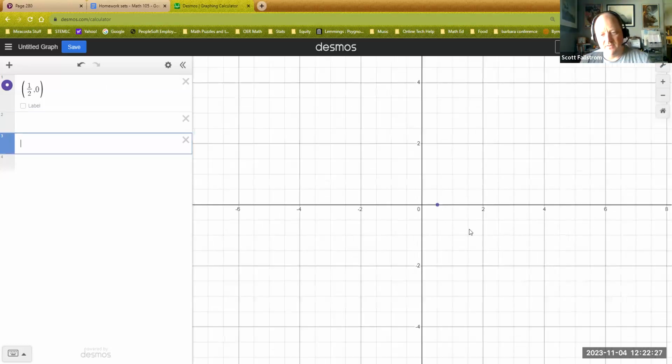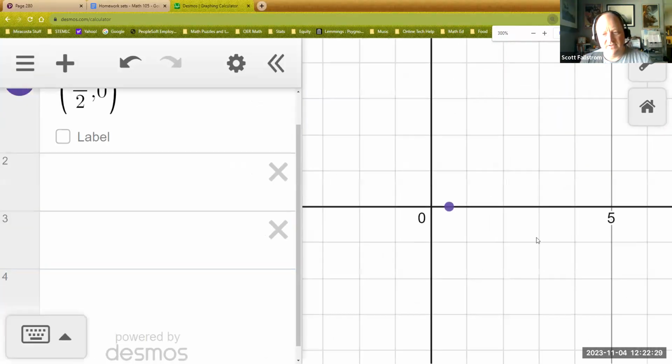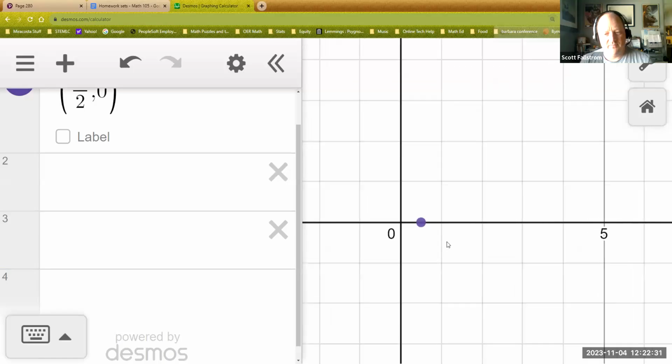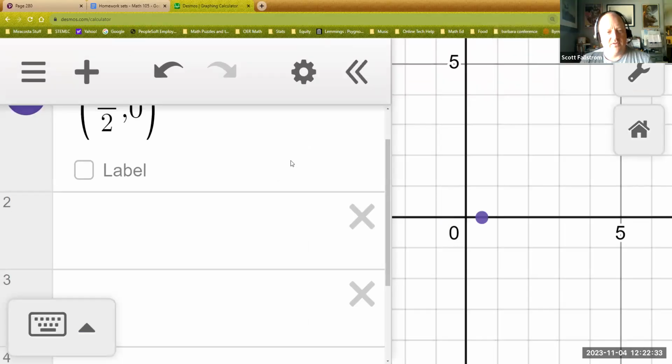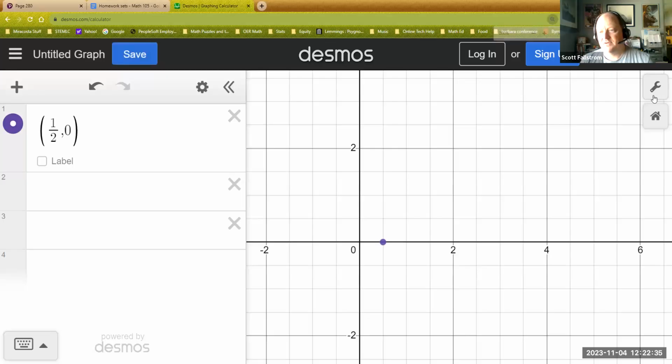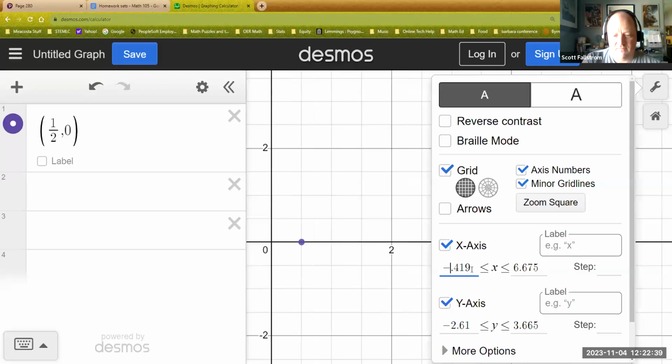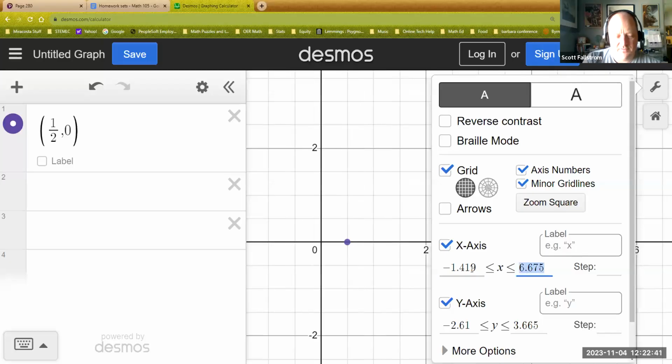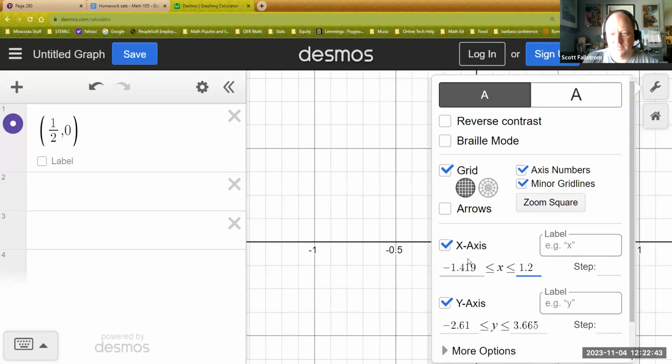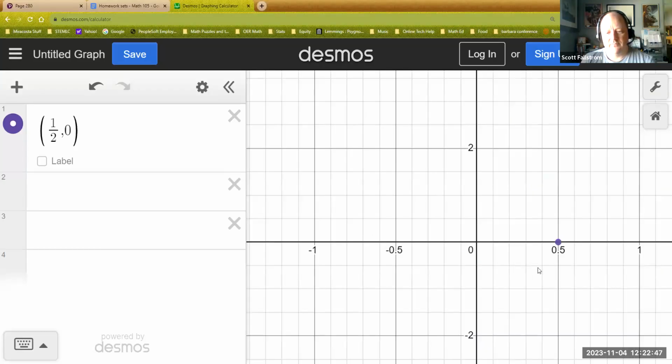And I'm going to zoom in on this because I want to really see this. Maybe I just need to change my settings real quick. Let's change the x-axis from -1 up to 1.2. Okay, so there we go.